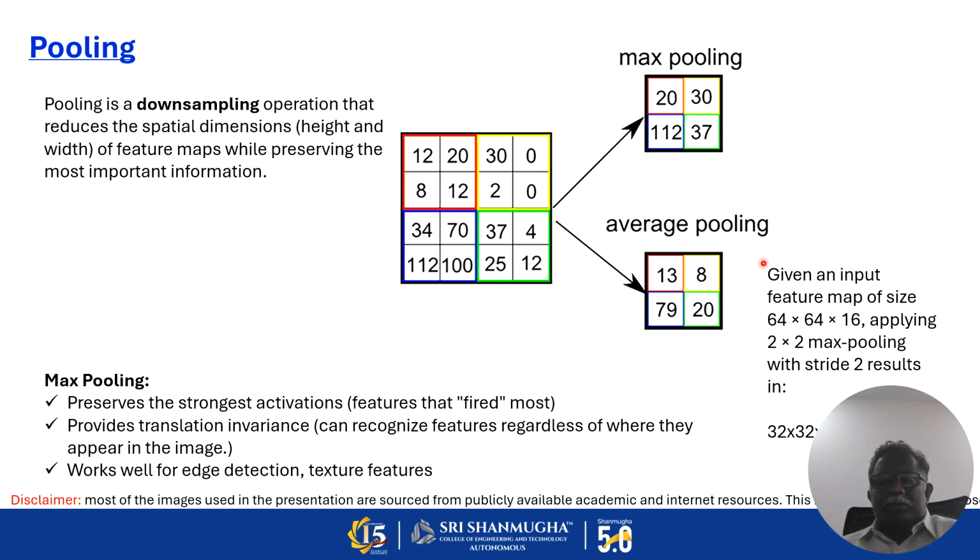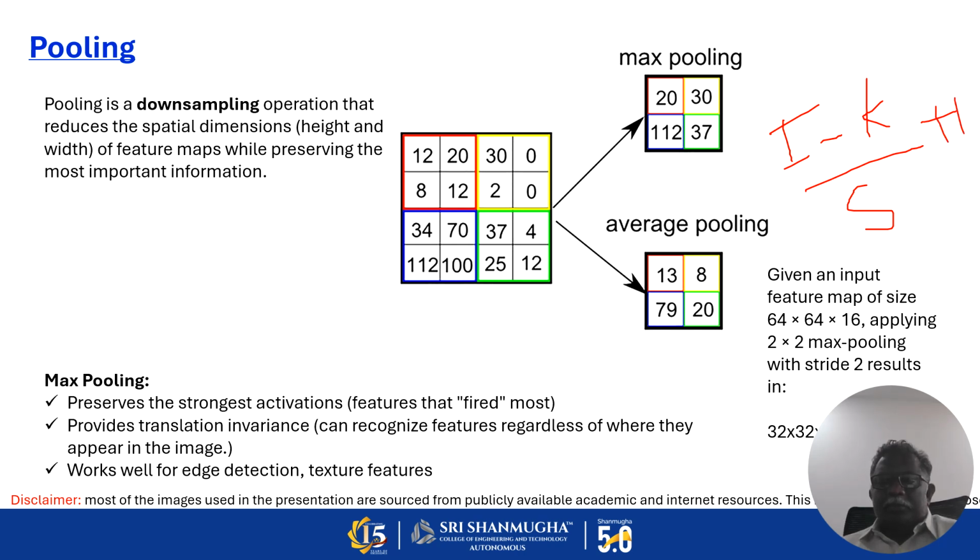Suppose the feature map size from the convolution is 64 into 64 into 16. If you apply max pooling that is a 2 cross 2 window and stride 2, what will be the output? As we know the formula, similar to what we have discussed: input minus kernel, divided by stride, plus 1.